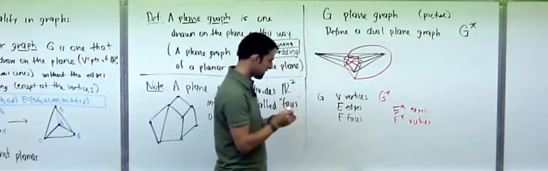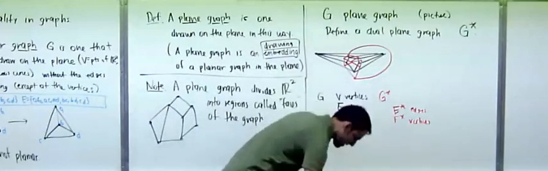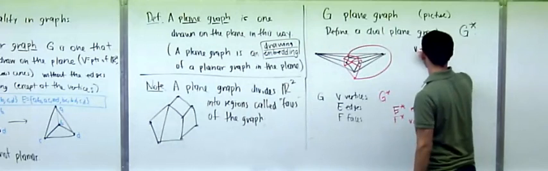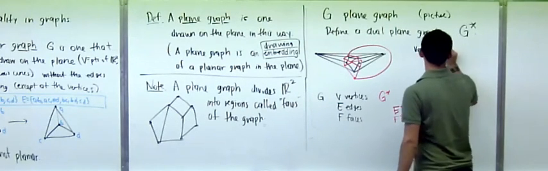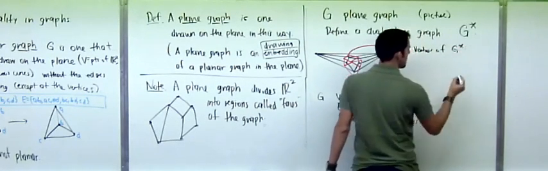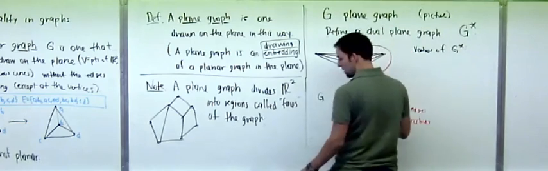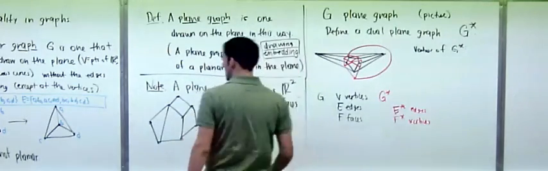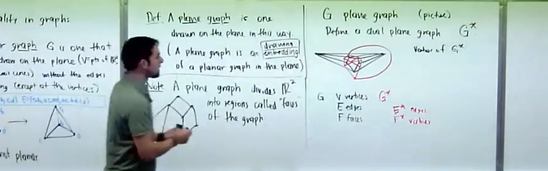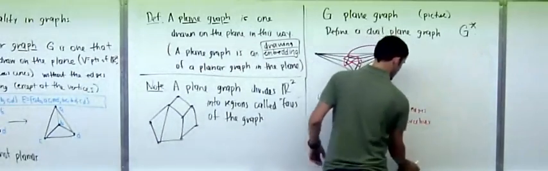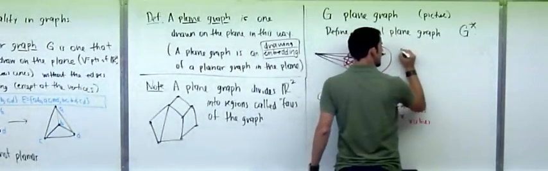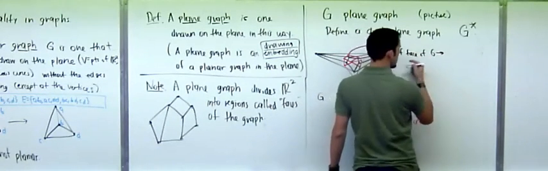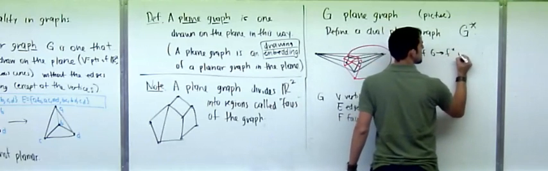Okay. So what is G star? Vertices of G star are faces of G. Let me use the same notation that I'm going to use for my proofs. So if F is a face of G, then I'm going to get a vertex of G star, which I'm going to call F star.